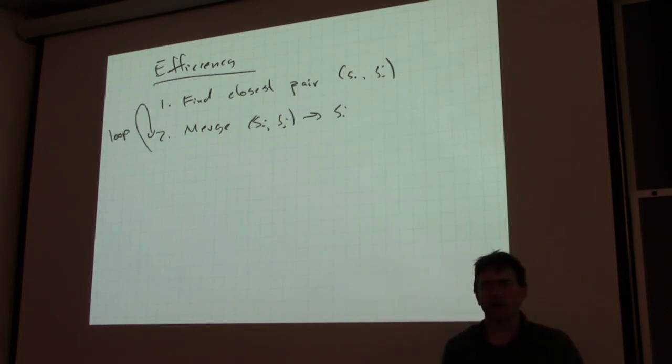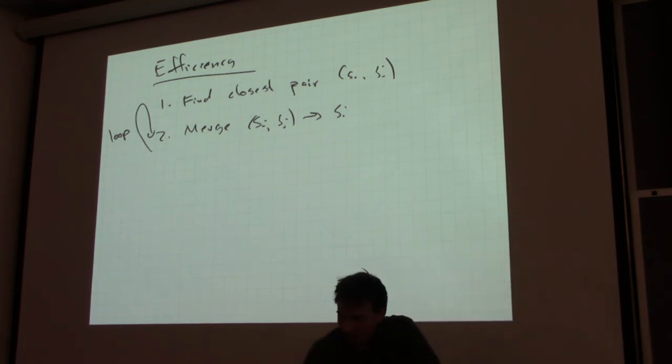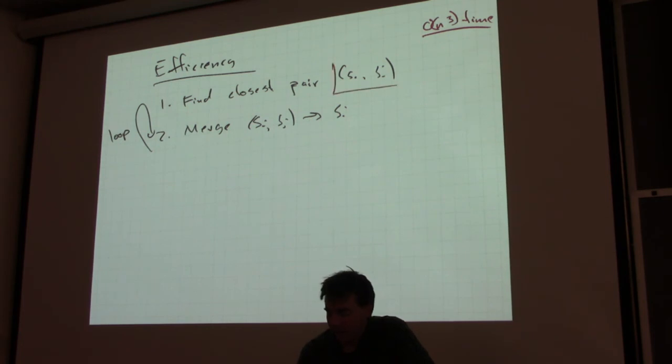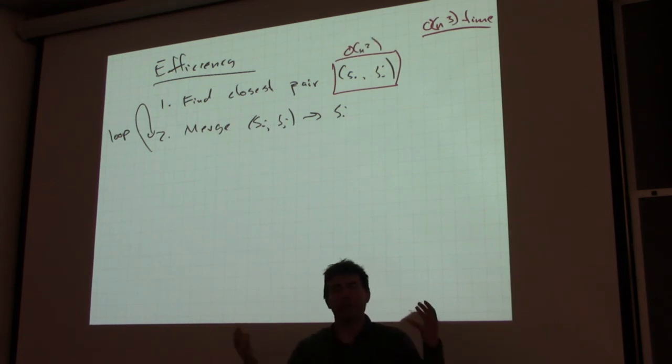So how long does this take in general for n data points? N cubed, yeah. Naively and in general, this takes O of n cubed time. Finding the closest pair itself might take O of n squared time. I may need to look over all pairs of these distances.